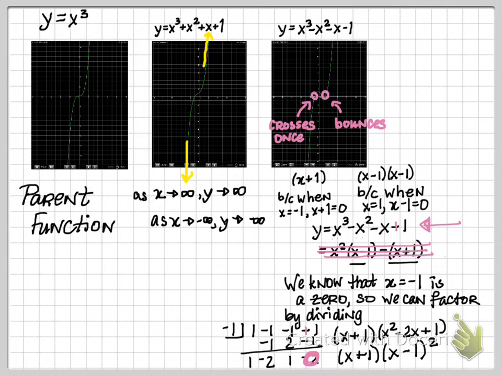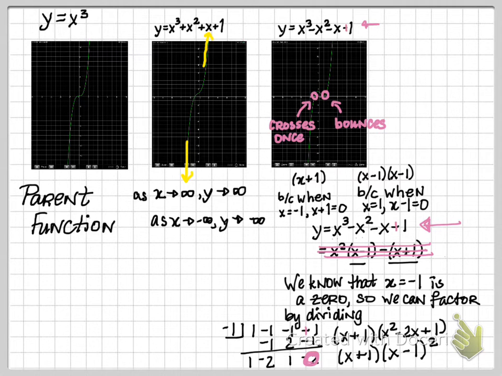I did make a pretty weird error in copying this from my computer. This should be a plus way up here, and down here this should be a plus, which makes my factoring wrong, but I still factored by dividing.